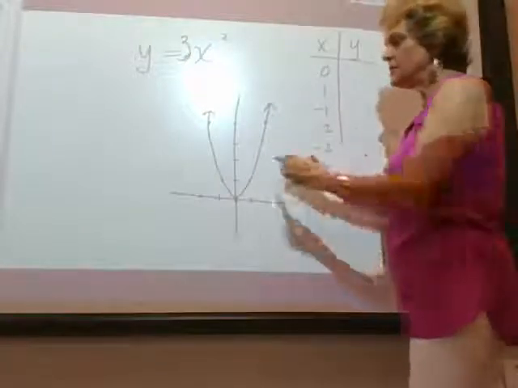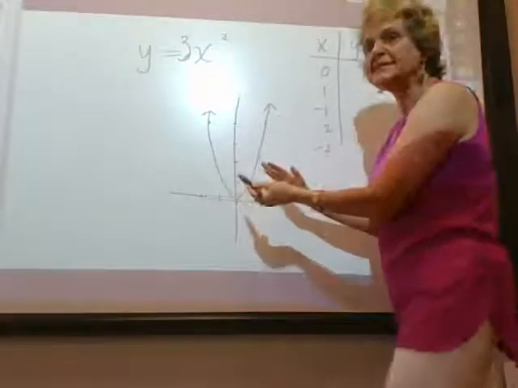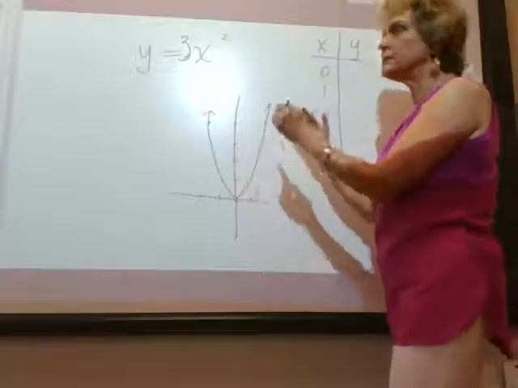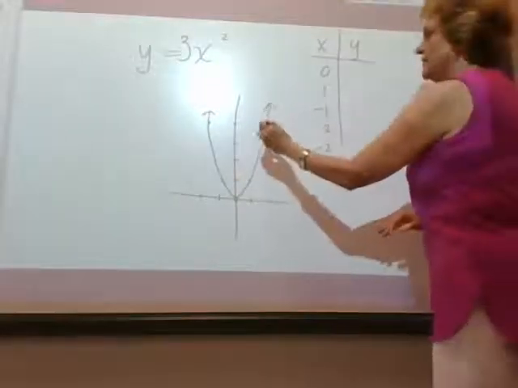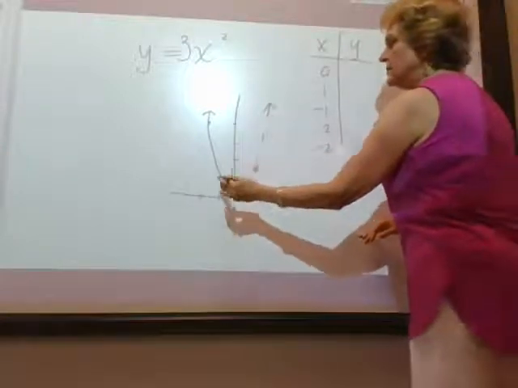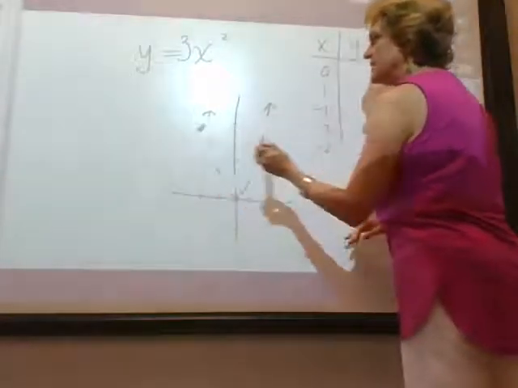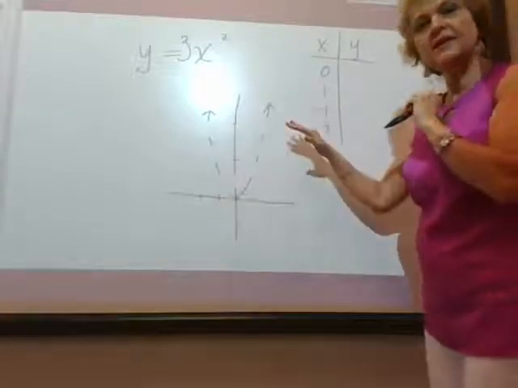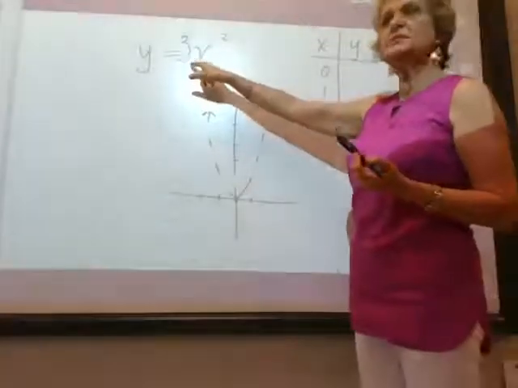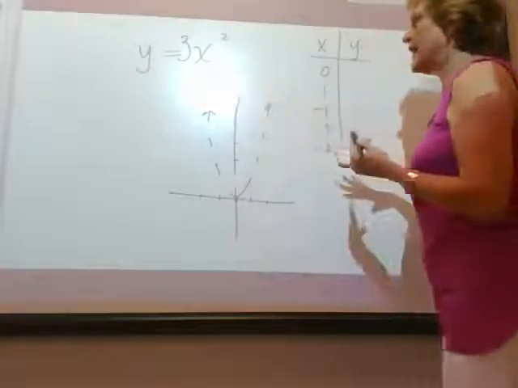So the parent graph looked like this, the basic one, f of x equals x squared. So we call this the parent graph. You could have that there and just have it dotted so you remember what the basic one looked like. But if we multiply this by 3, let's see what happens.